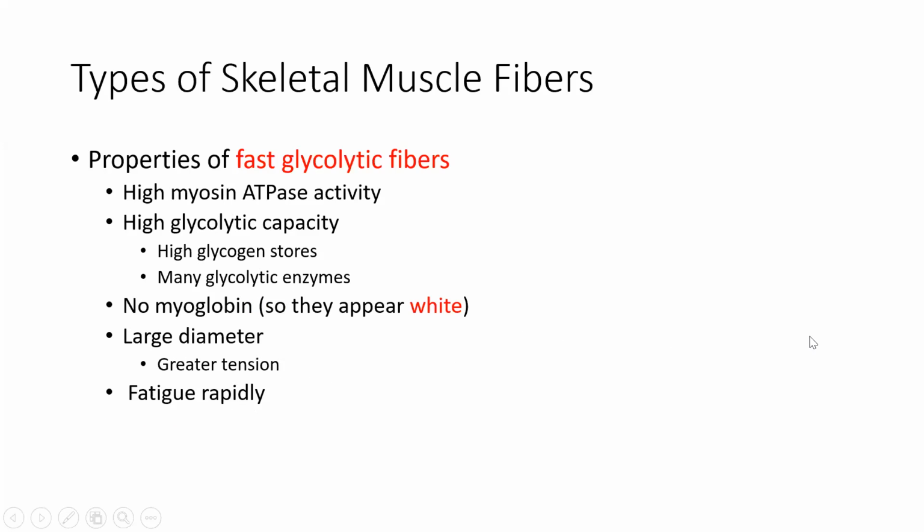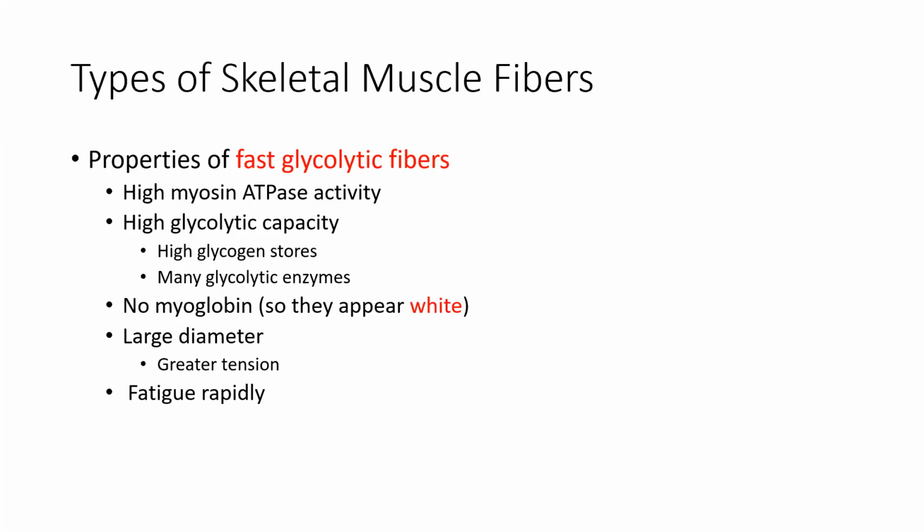And then we've got fast glycolytic fibers. So this is again on the far other end of the spectrum. These are fast fibers, so they have a high or fast myosin ATPase activity. They have a high glycolytic capacity, so they have lots of glycogen stores. They've got lots of glycolytic enzymes, right? The enzymes that are responsible for those enzymatic reactions of breaking that glycogen, that glucose down to make ATP.